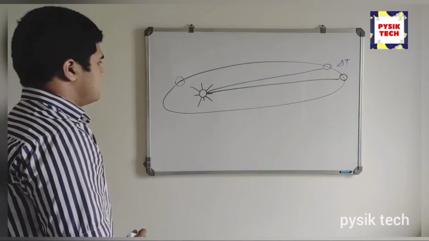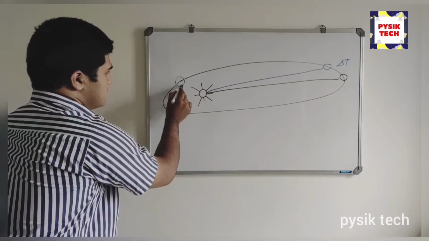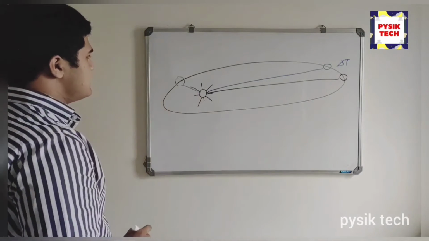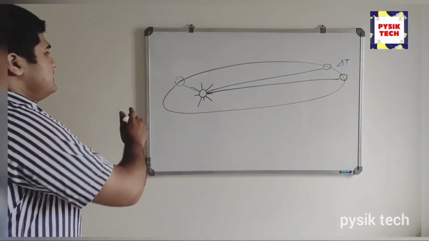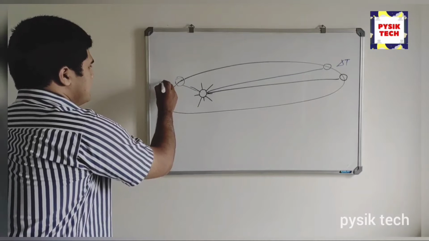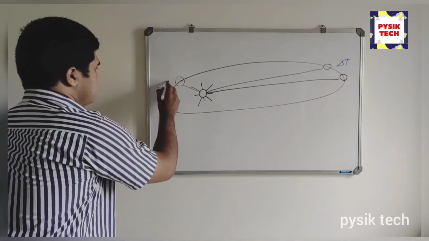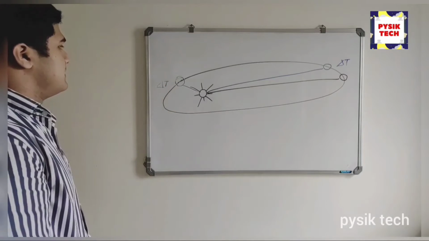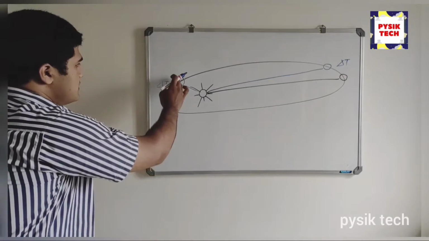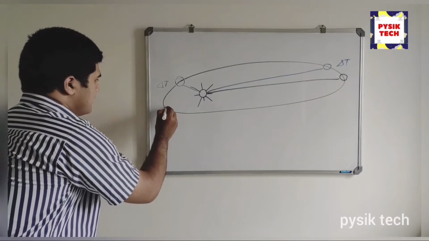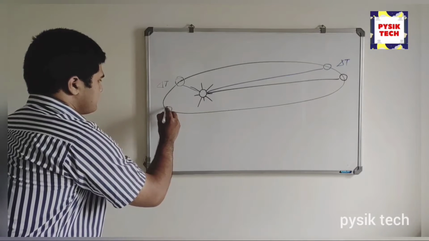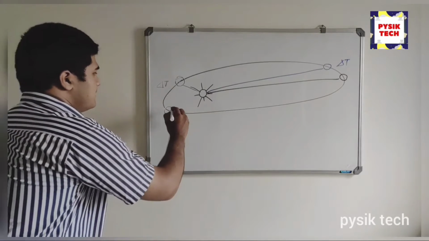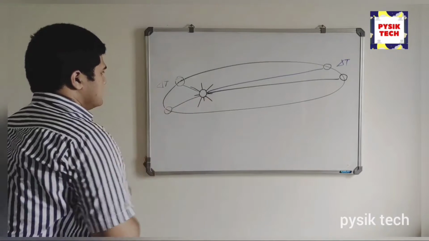Then the distance between the Sun and this planet is this, a short distance. At a particular time period delta t, the planet moves from here to here, at a particular distance like this.